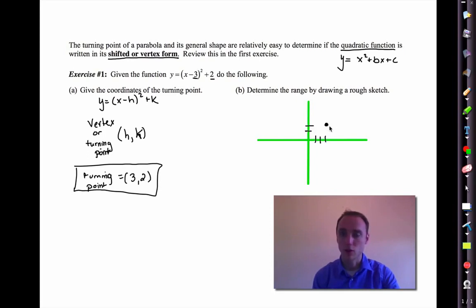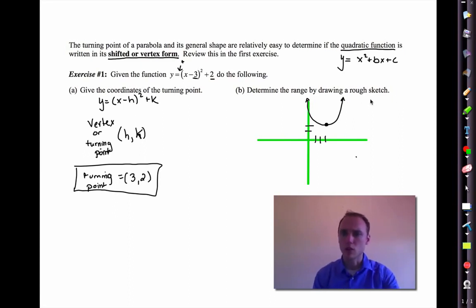Here's my vertex or turning point. I can also draw a rough sketch of the entire graph. So remember, the term out front is positive, which means my parabola is opening upwards. So it's going to look something like that.